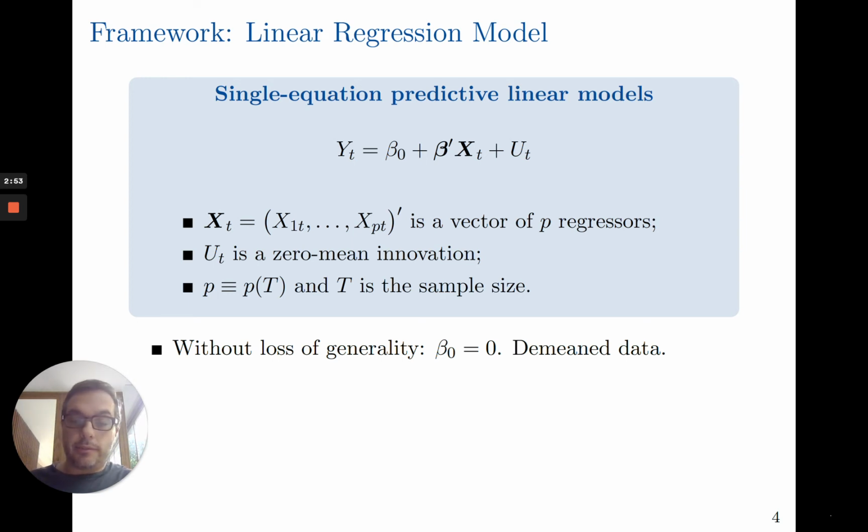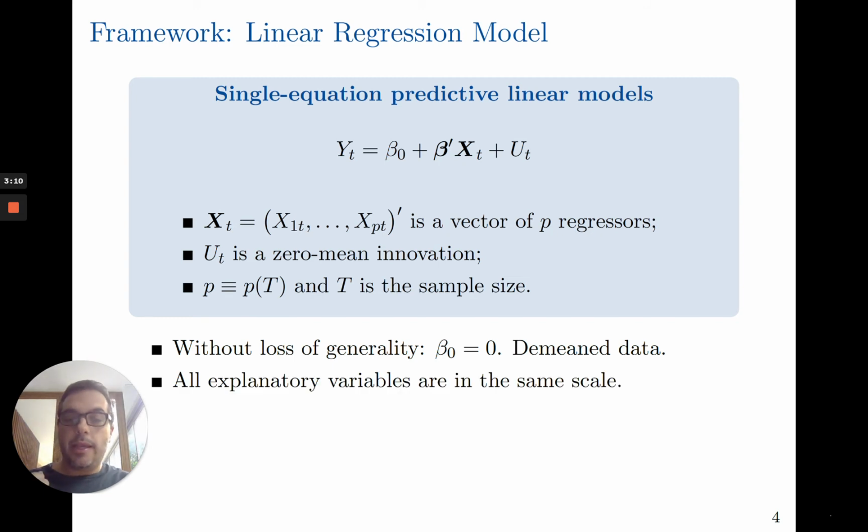Another point that I want to stress is that we are going to disregard the intercept. So we are going to set beta naught to 0. So we are assuming that the data have been demeaned, and all the explanatory variables are also on the same scale. We probably have standardized the regressors.